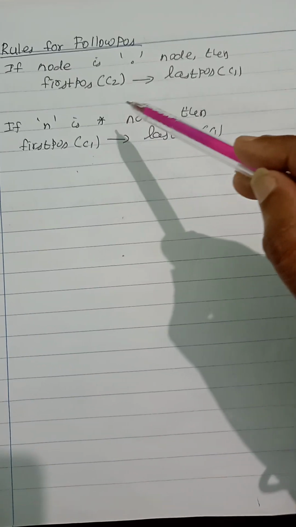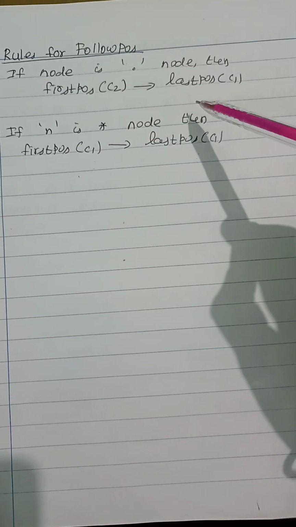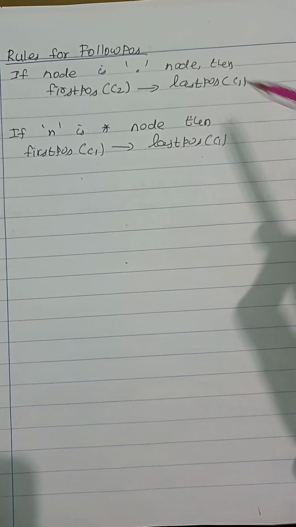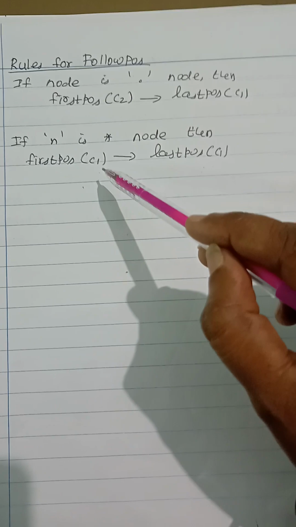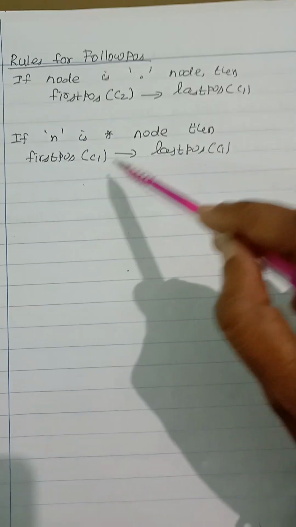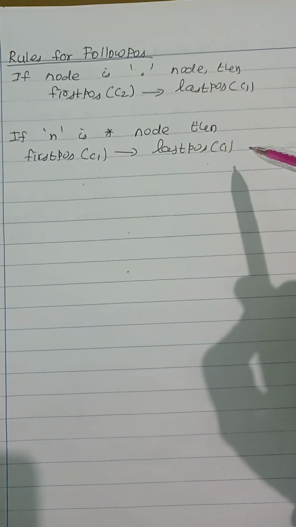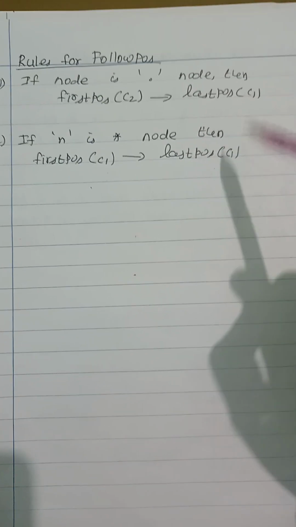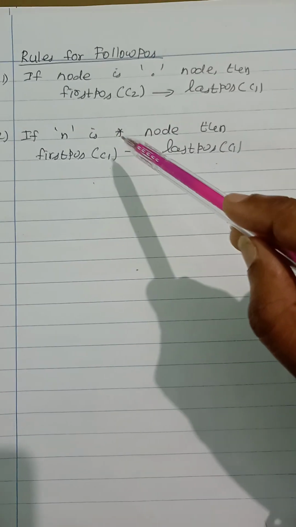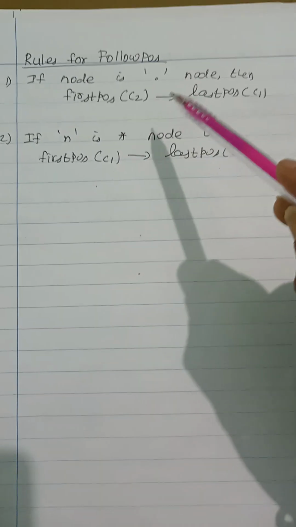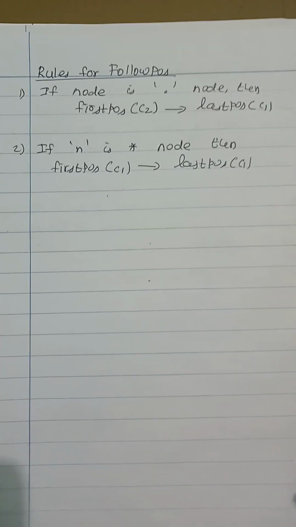The first position of C2 we are going to put inside the follow position of the last position of C1. In case n is star node, then first position of C1 we are going to insert into the follow position of the last position of C1. These two rules we are going to follow in follow position. So we are considering only the dot node and star node. We are not considering any other nodes here.